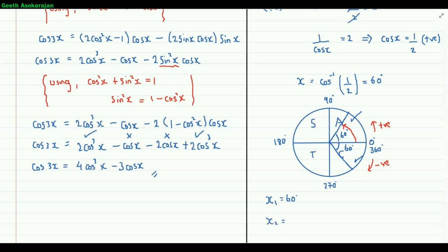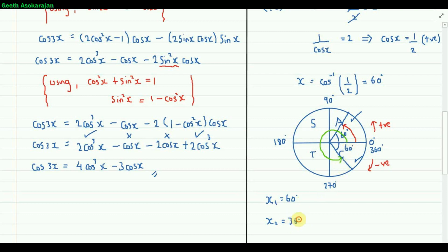Let's work out another one. If I take a different coloured pen, maybe this green, our next positive one will be from this 0 degree line until we reach the next line, and that angle is going to be 360, one revolution, minus this acute angle of 60.